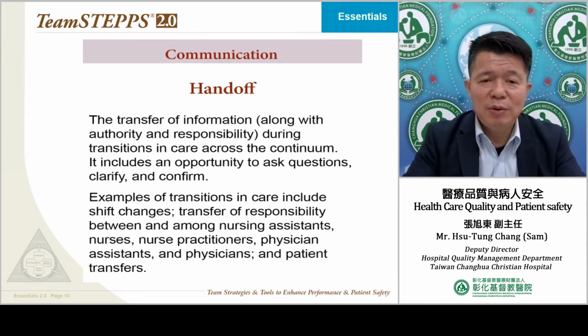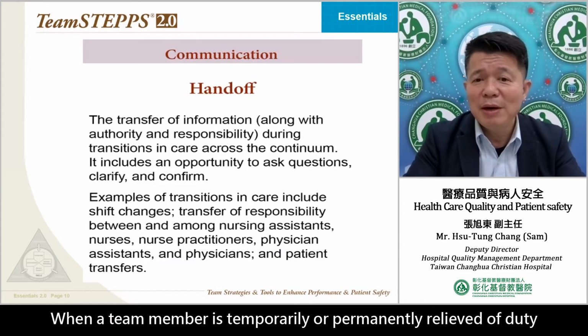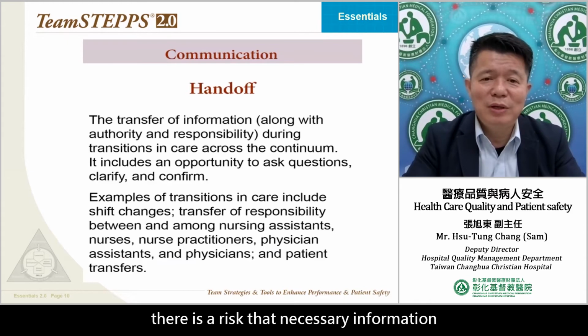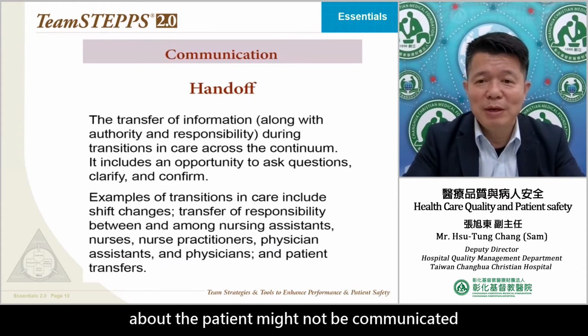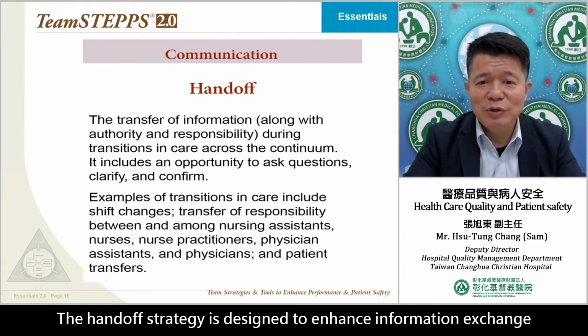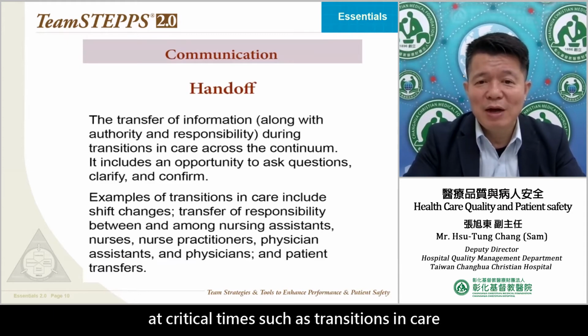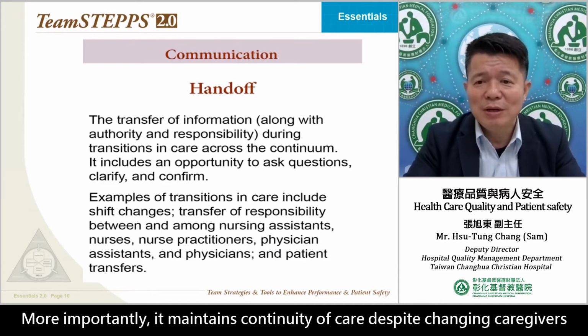Hangoff. When a team member is temporarily or permanently relieved of duty, there is a risk that necessary information about a patient might not be communicated. The hangoff strategy is designed to enhance information exchange at critical times, such as transition in care. More importantly, it maintains continuity of care despite changing caregivers.